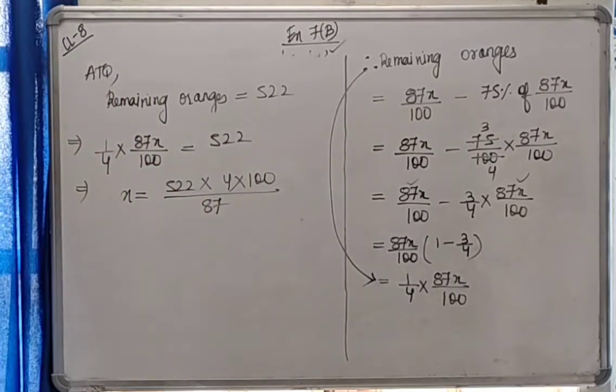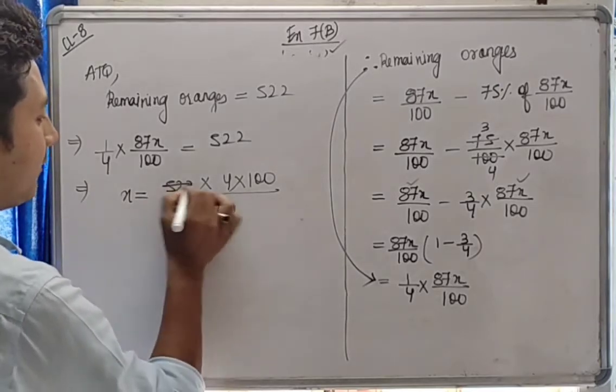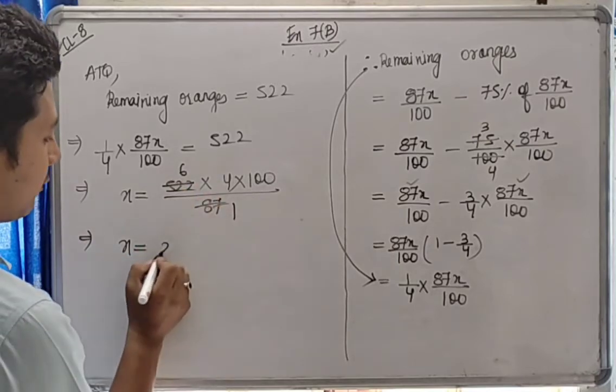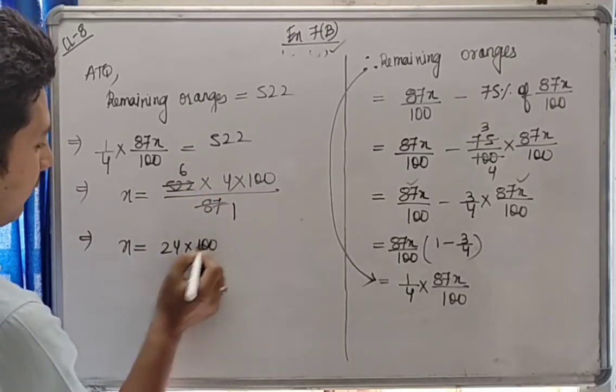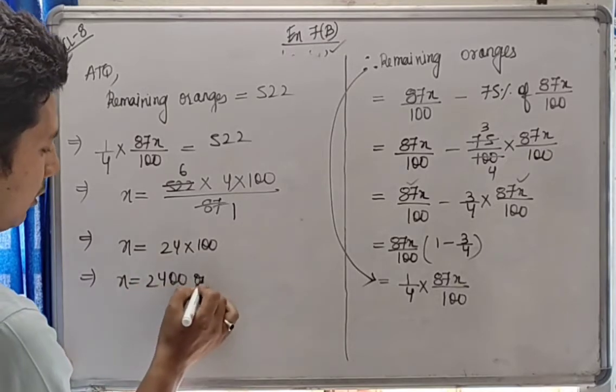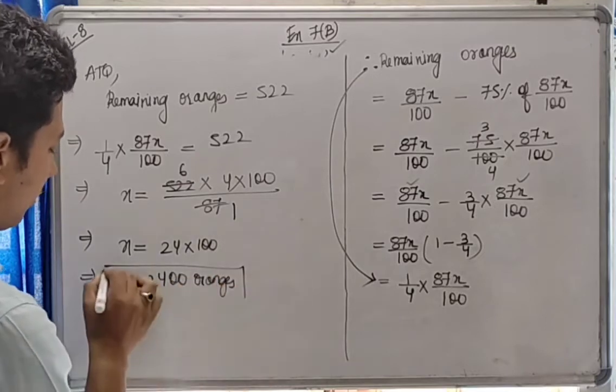Let us calculate. 87 into 6 is 522, since 87 ones are 87 and 87 6s are 522. So x is equal to 6 4s are 24 into 100, which gives x equal to 2400. This is the total number of oranges he bought.